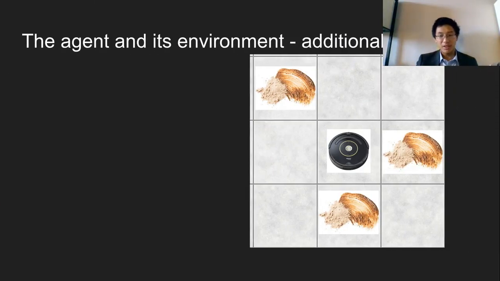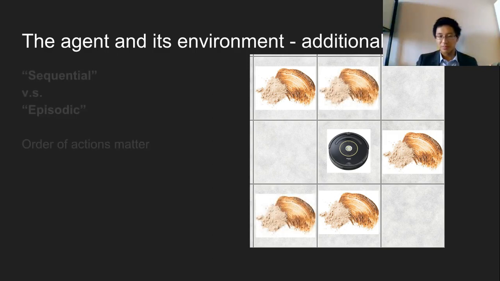The third property is the fact that this environment has to do with a series of actions, a sequence of them. In some environments, it doesn't matter so much whether or not he does the actions in any particular order.